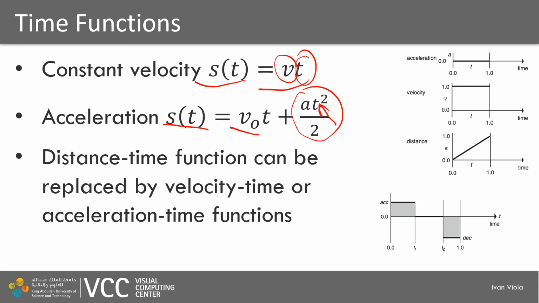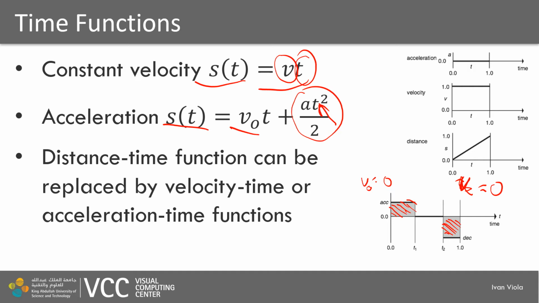And if we want to ensure, for example, that a car starts with zero velocity, v0 equals 0, and the v end equals also 0, then we need to ensure that this area is the same as this area, because by the deceleration we need to decelerate to the speed of 0.